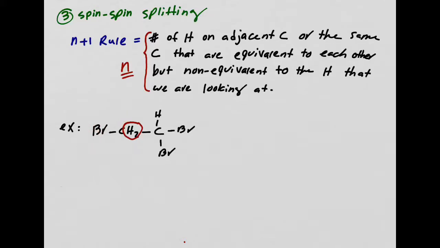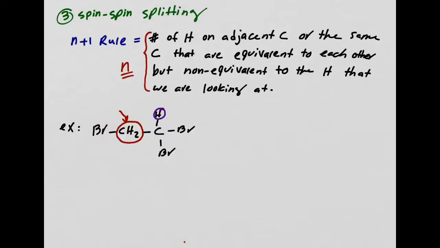I want to circle this whole thing to make it a little bit more interesting. So, these are the hydrogens we're looking at, our absorbing hydrogens. Now, let's look at the adjacent carbon. The adjacent carbon over here has one hydrogen, and over here there is no adjacent carbon.